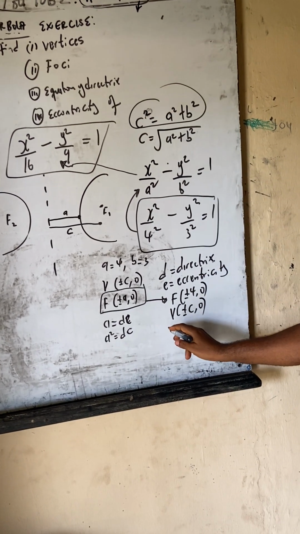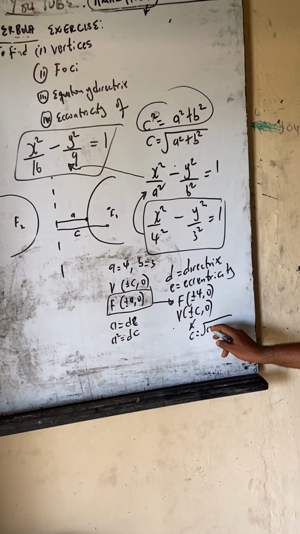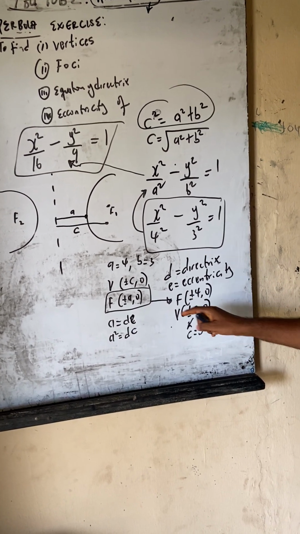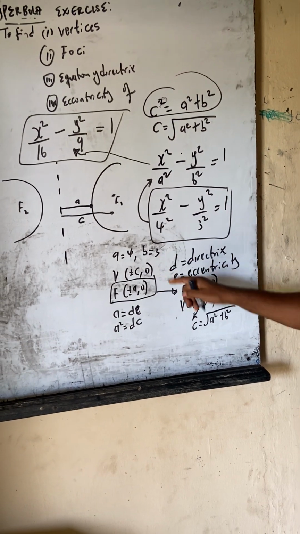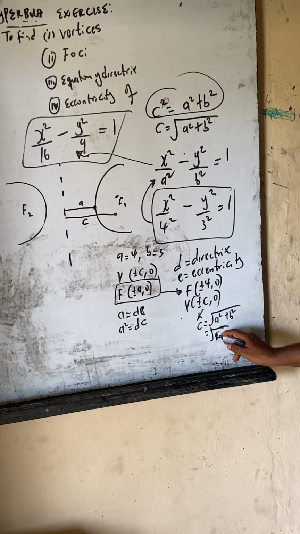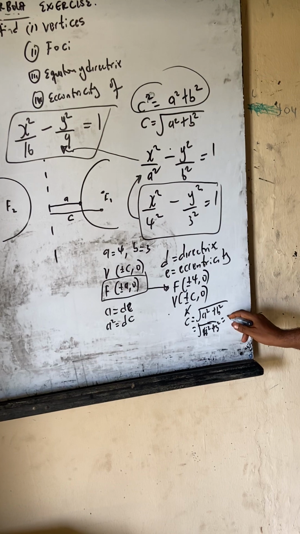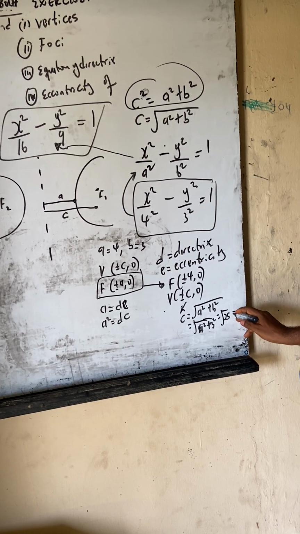So c is the square root of a squared plus b squared. Since a is 4 and b is 3, I have 4 squared plus 3 squared, which is 16 plus 9, which is the square root of 25, which is 5.